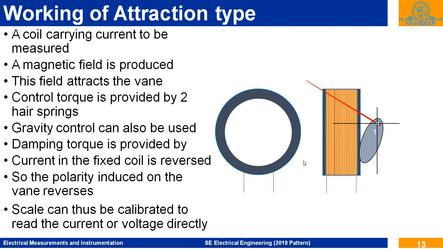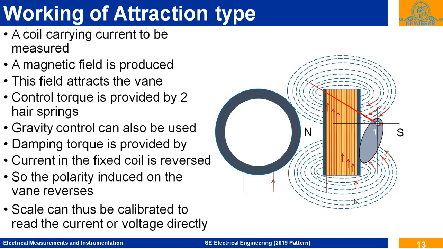When we switch on the supply for measurement of current or voltage, current flows through this coil. For measurement of voltage, a proportional current flows through this coil, and a magnetic field is produced.